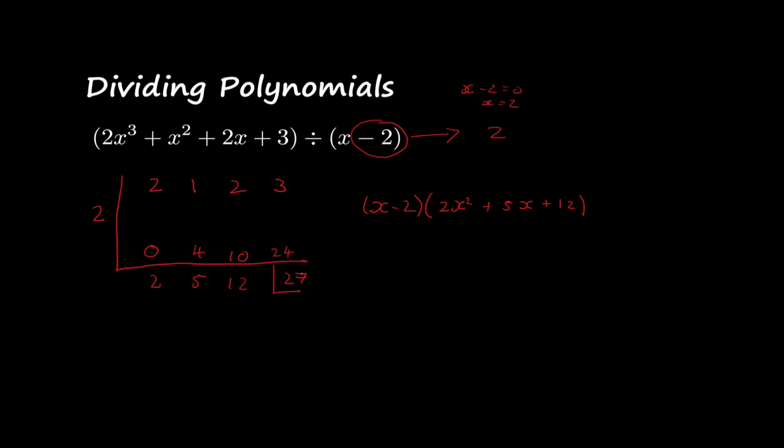Okay, and now you've got this here in the wee box. That's the remainder, that's what's left over afterwards. It's 27. So labeling everything, we divided by x minus 2, so this is the divisor here. This is what's acted upon by the divisor. This is the quotient.